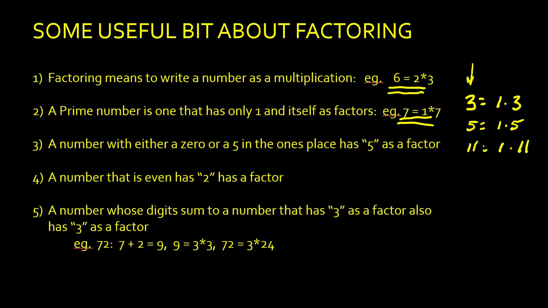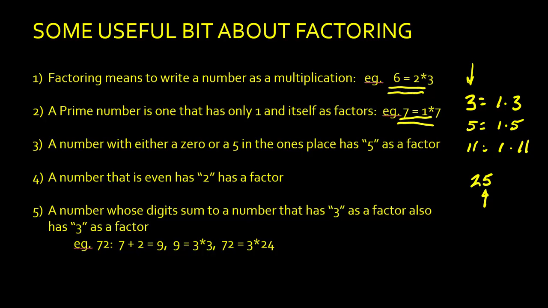The third thing that we should remember is that a number with either a 0 or a 5 in the ones place has 5 as a factor. So if we had a number like 25, we have a 5 in the ones place. You could factor 25, factor out 5 from that.